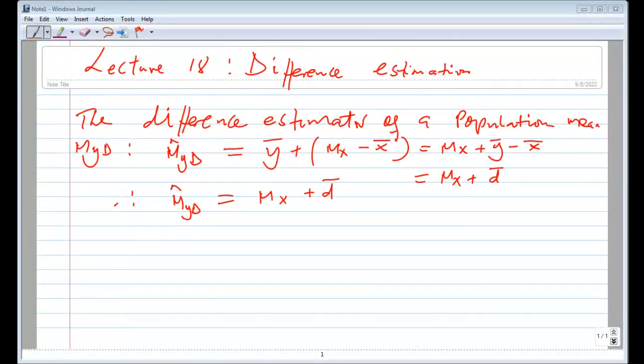Are we together? So what if you want to estimate the variance of that estimator? In other words, the variance of the estimated population mean. How do you do that?